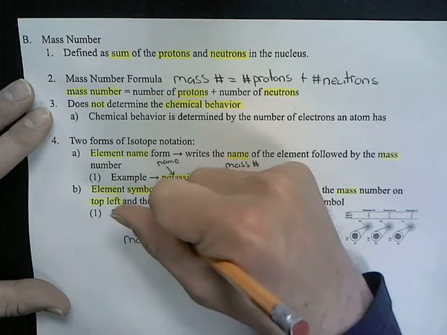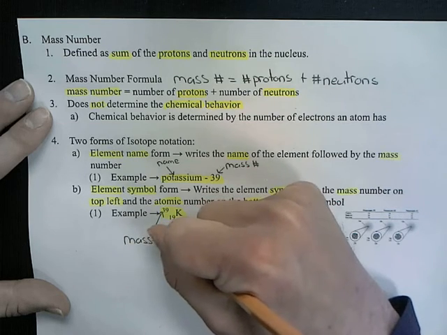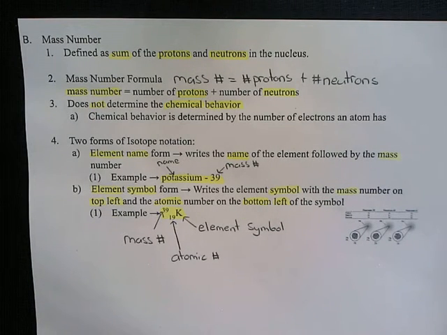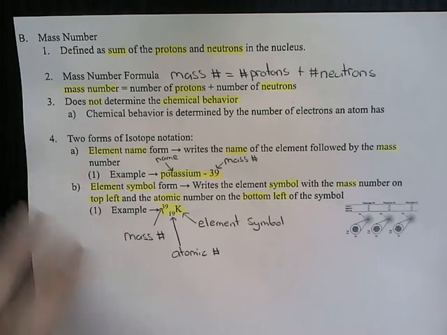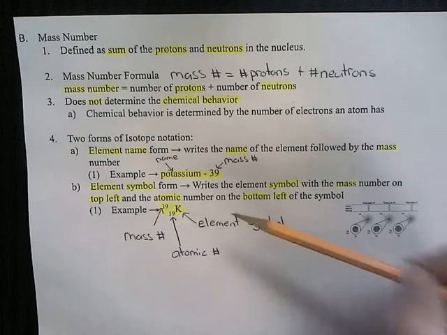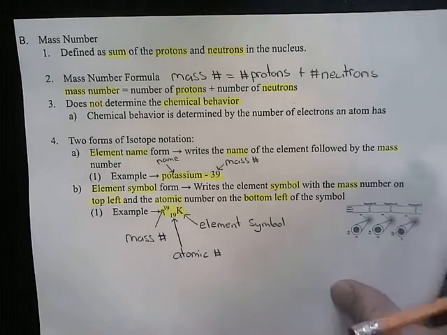And then the third thing is your atomic number, which remember, the atomic number is equal to the number of protons. This is very helpful in identifying the number of neutrons. In fact, both of these notations can be used to identify the number of neutrons. So let's use this formula and these symbol notations to go over our next set of problems.